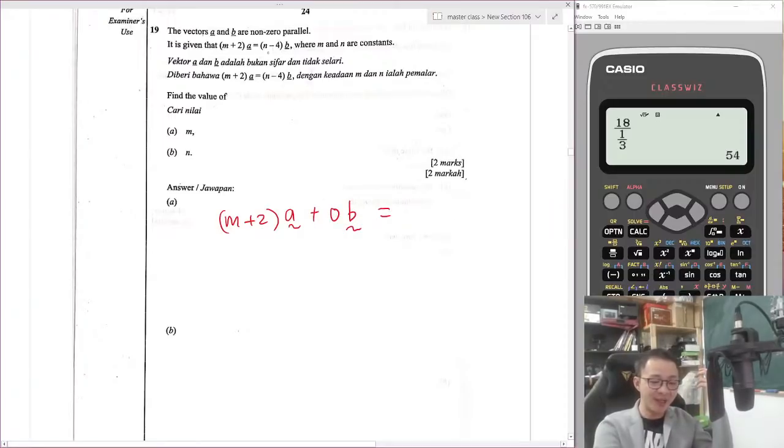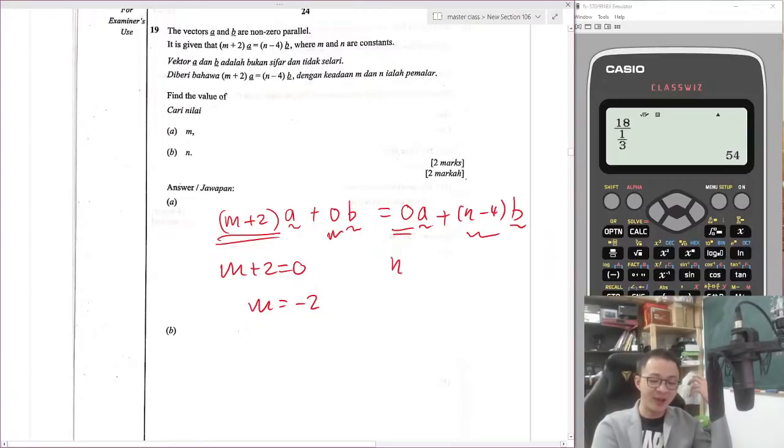Same idea here: you see nothing about a, so you basically have 0a here, and then plus (n minus 4)b. Comparing a, m plus 2 equals 0, so m equals negative 2. Comparing b, n minus 4 equals 0, so n equals 4. Done. 2 marks, very easy.